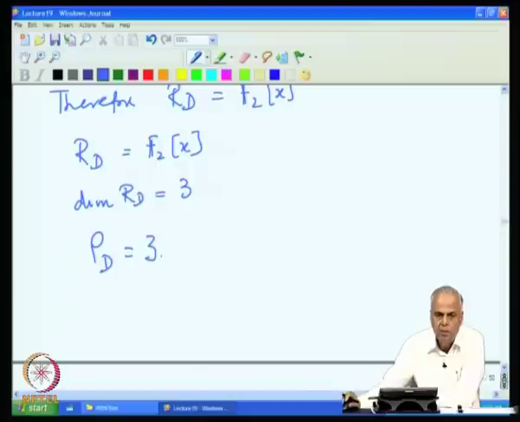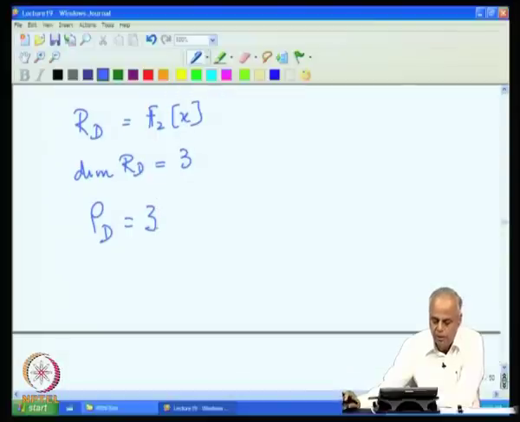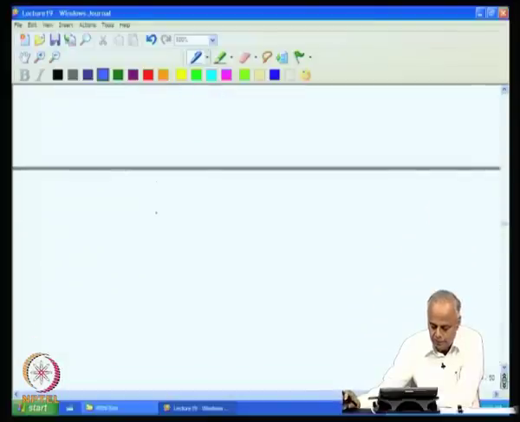So, these are some simple examples of looking at the range and the null space.